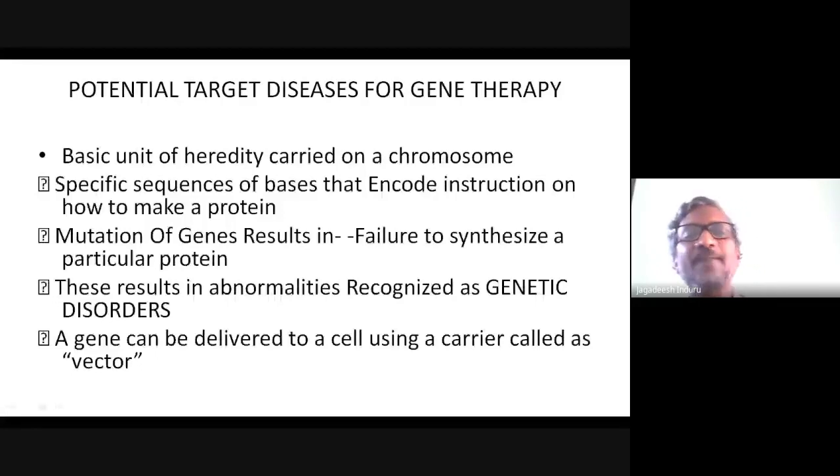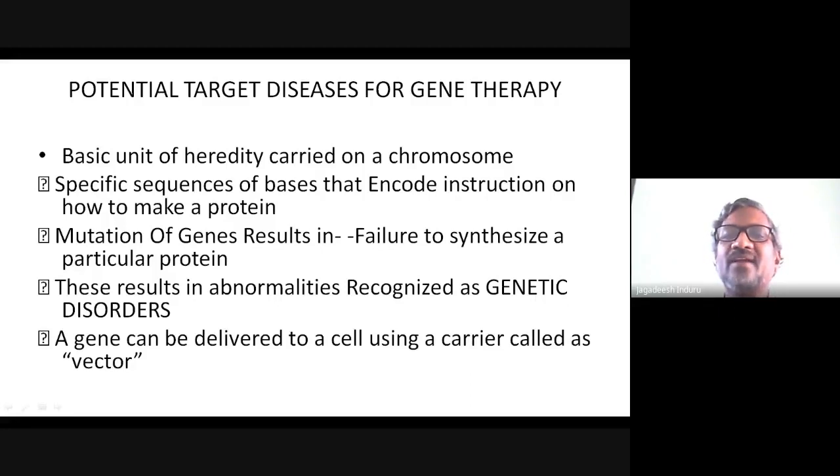Then what do we do? A particular journey in gene therapy. The particular site of action for gene therapy is the chromosome. It is the basic unit of heredity carried on the chromosome. So that is what we are going to attack now and treat the disease applicable to this particular chromosome.